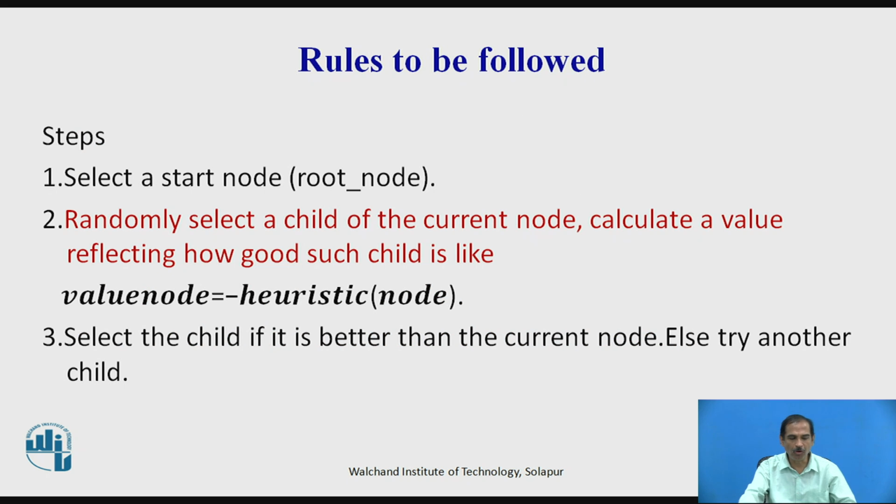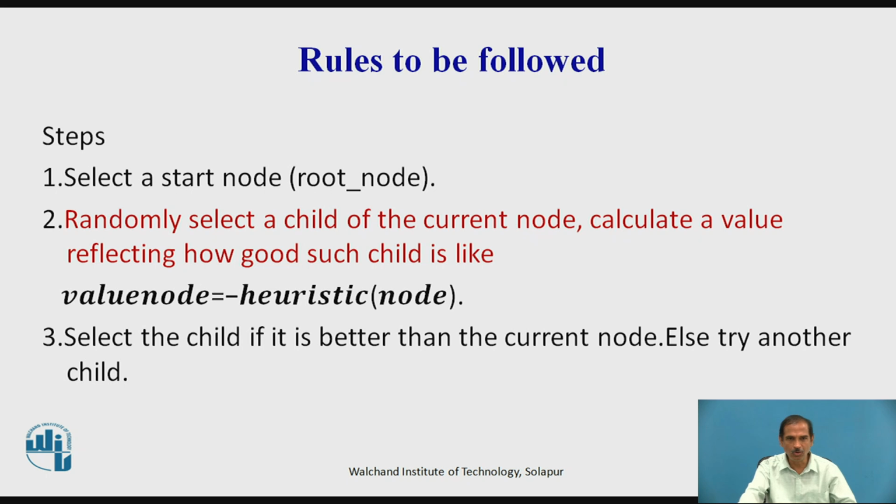The rules to be followed are very simple. They include selecting a start node, which I call the root node, randomly selecting a child from the current node, and calculating a value reflecting how good such a child is. The value of the node is always assigned as minus of the heuristic, because we want this energy to keep decreasing so that we reach our goal node very fast.